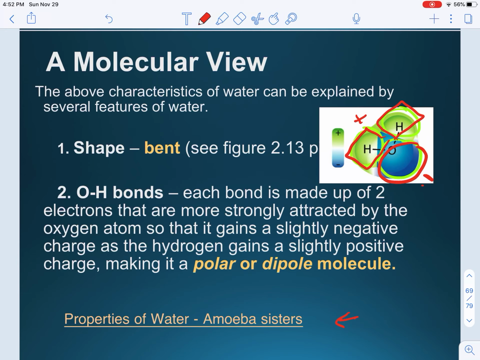So this is called a polar molecule when it's got charges that are different on each side, but it's also why water easily attracts positive things over this side and other negative things on this side. So it's very easily dissolving many other substances, no matter what their charge is. Water has a way of dissolving it and attracting it.